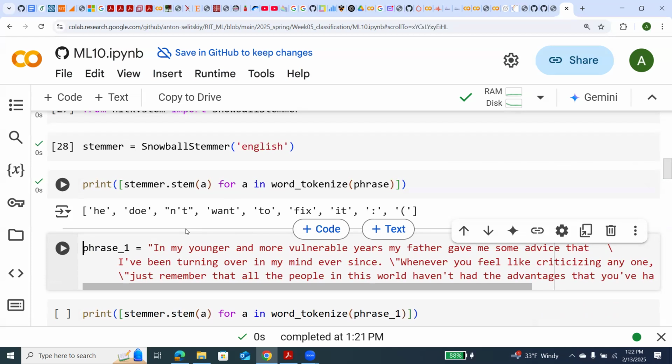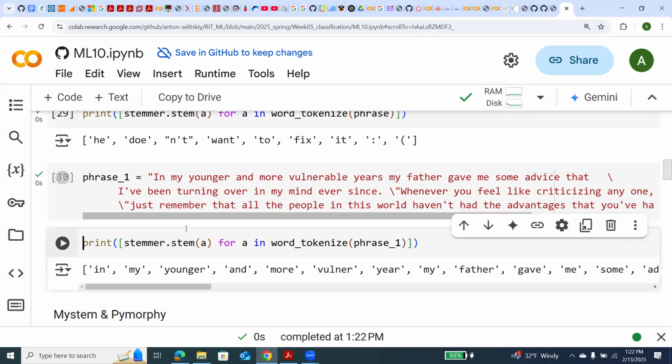But the idea of stemming is that it will remove the endings, for example, and leave just the stem of the word. And also it will reduce the number of different tokens.